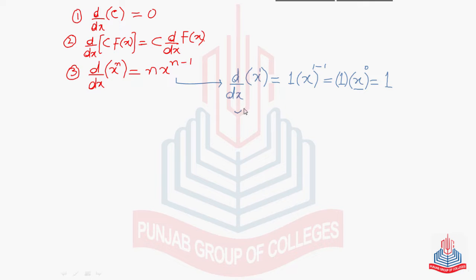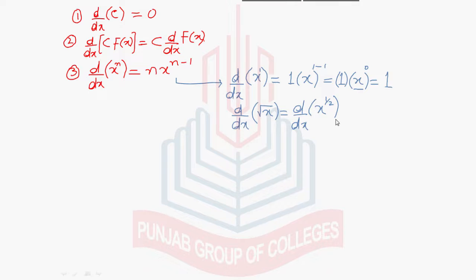And similarly, we can differentiate another very common function, square root of x. Here that is equal to d by dx of x raised to the power 1 by 2. By using the power formula, 1 by 2 x^(1/2 minus 1).